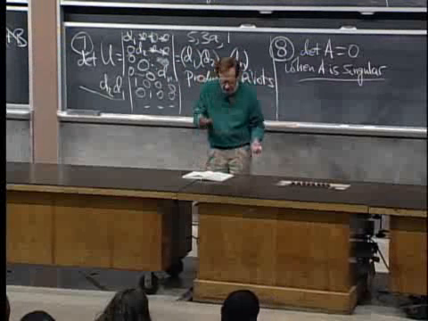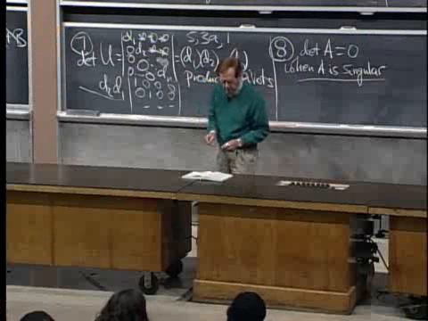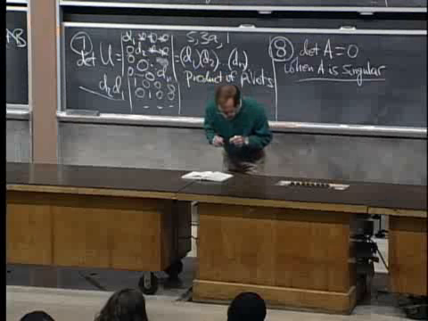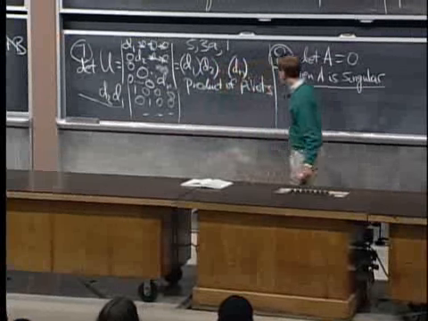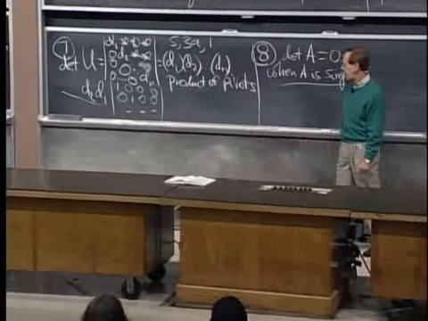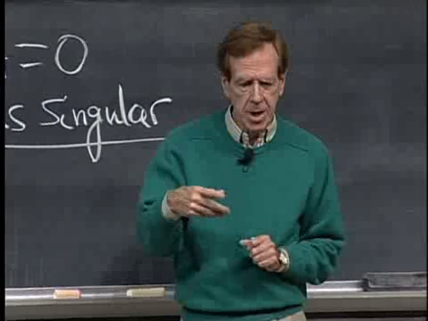The proof starts by saying, by elimination, go from A to U. Oh, yeah. Actually, looks to me like I haven't said anything brand new here. Let's just remember the reasoning.